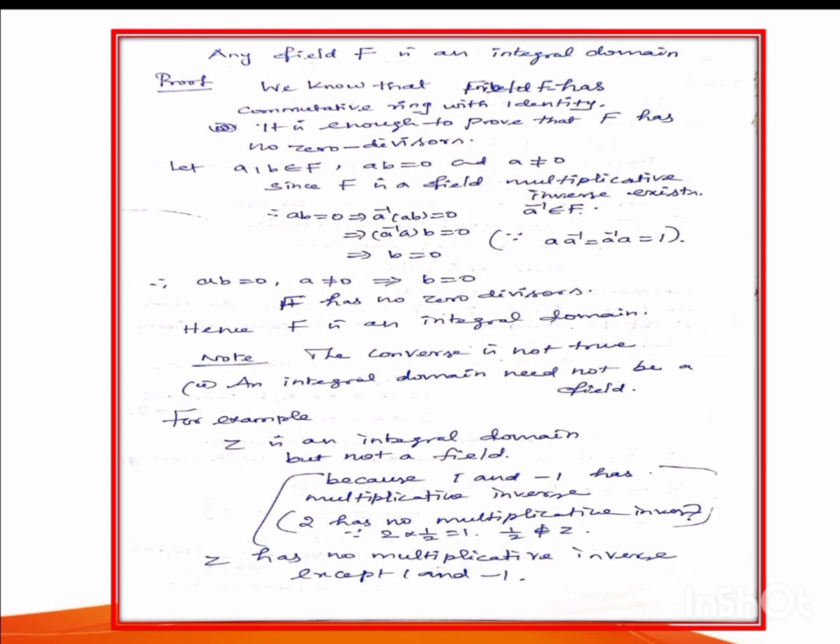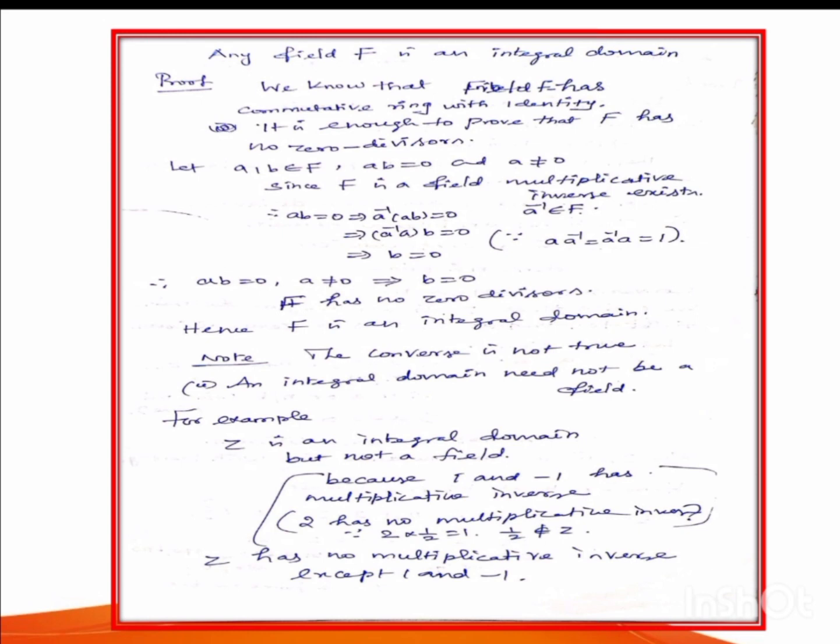So given the assumption, the field's 3 conditions are given. Therefore F is commutative with identity. It is enough to prove that F has no zero divisor, or F is without zero divisor. So let A, B belong to F, AB equal to 0 and A non-zero, to prove that B equal to 0. Since F is a field, a multiplicative inverse exists.